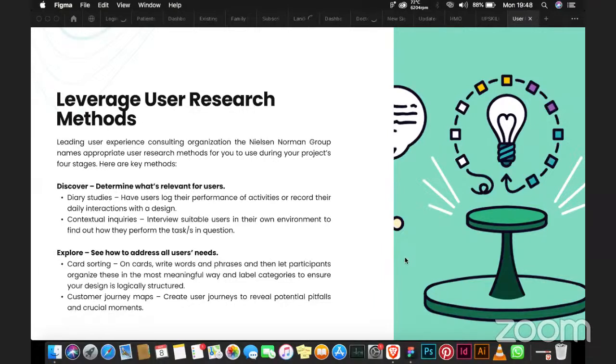So let me go on. This diary study is very, very important. All of you, you're jotting this thing down because it's going to come in handy, if not now, even when you start working with big companies, because I know most of you will be working with big companies very soon.